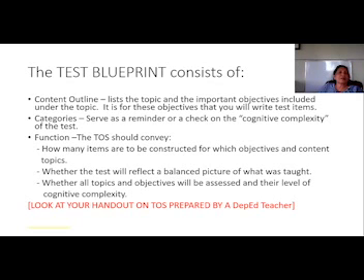And that is where you prepare your test blueprint or TOS. All right. Assuming that you have done a very good test, following your plan, which is the test blueprint, then administered it to the students.